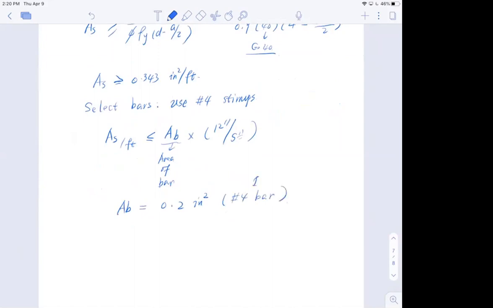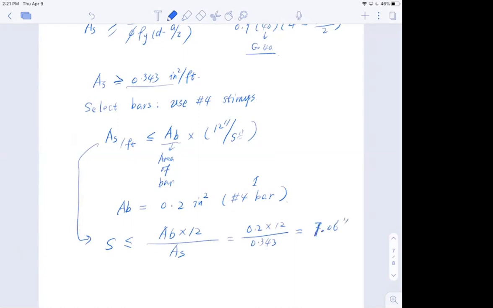You agree with that? So this gives me that the spacing has to be smaller than Ab multiplied by 12 divided by As. So this is 0.2 multiplied by 12 divided by As. What is As? This is 0.343. I get this spacing to be 7.06 inches.